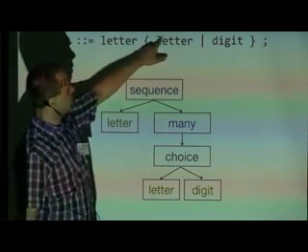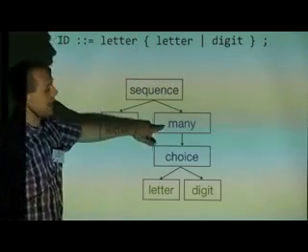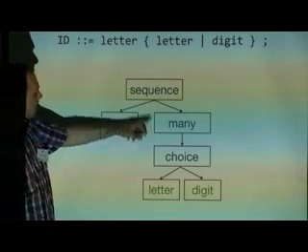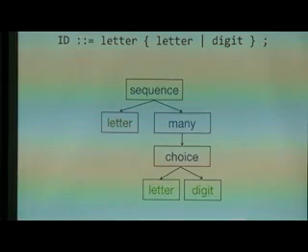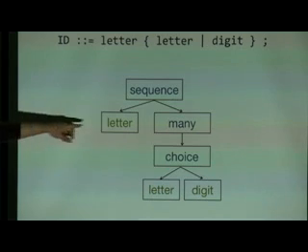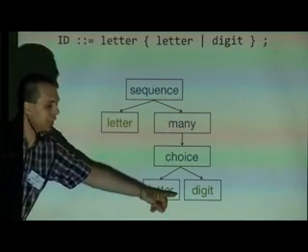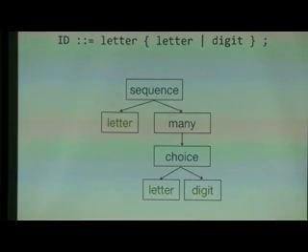And then I have an object for this many, or zero or more, right? Then I have a choice between letter and digit. So you see a more complicated grammar can be built from very simple parts. So I have a simple parser that parses just letters or just digits. And then I compose them in some nice way to get a complete parser for identifiers.